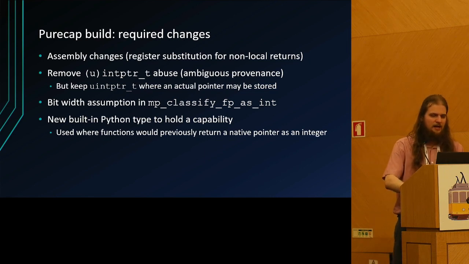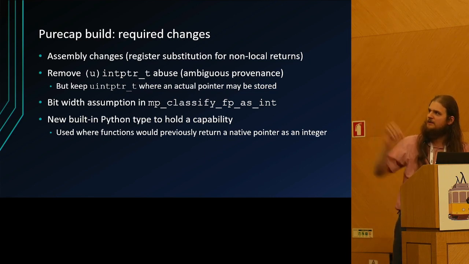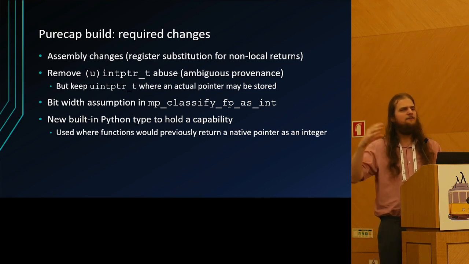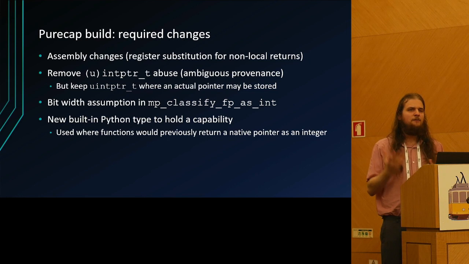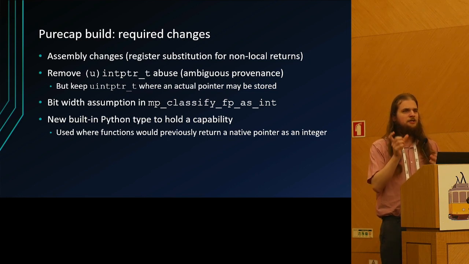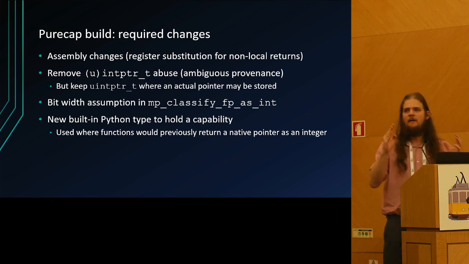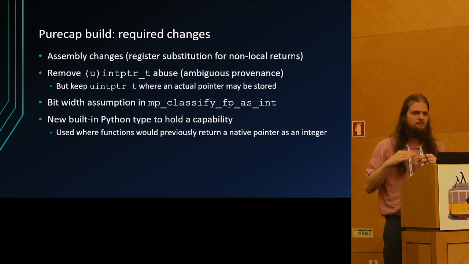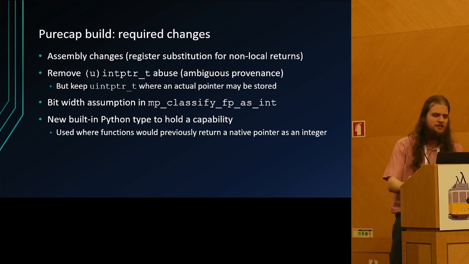Another interesting thing we had to change was a function involved in converting floating points to integers. MicroPython represents integers less than, I think, 2 to the 31 with an unboxed representation and with a low bit tag to make sure that it's seen as different from a pointer.